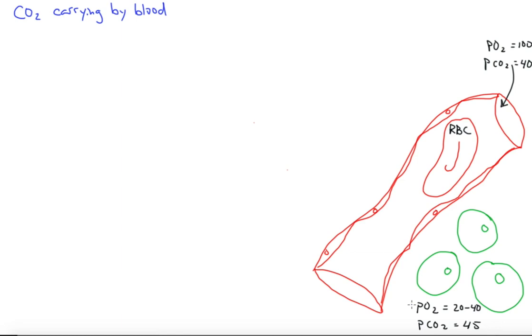The proteins are the gears in our metabolic machine, and so having them become dysfunctional would be very bad very quickly. So let's talk a little bit about that CO2 carrying.